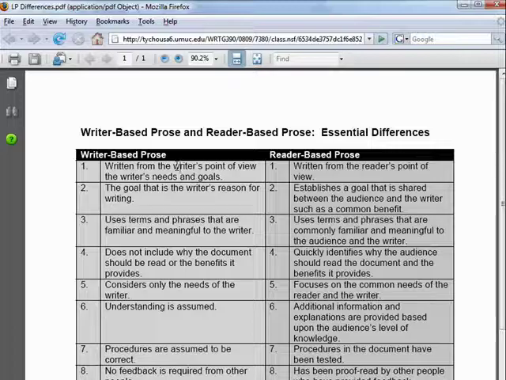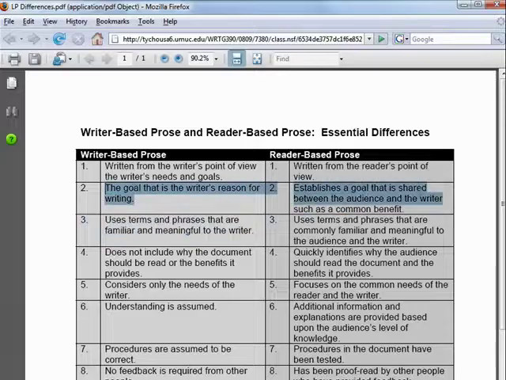Something else that I want to show you. This writer does a good job of maintaining parallelism in this first point, written from the writer's point of view, the writer's needs and goals, written from the reader's point of view. Okay, both start with the phrase written from the, and that gives them parallelism. But look what happens in number 2 here. I lose my parallelism.